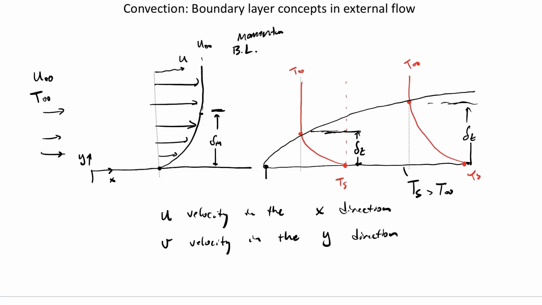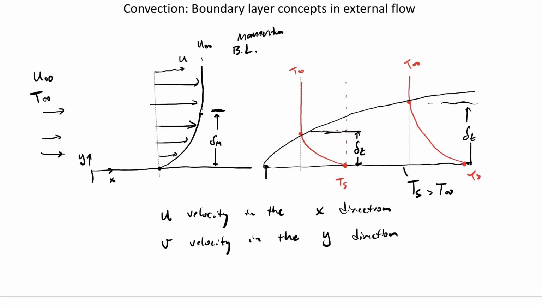You have a fluid coming in and it's shearing over itself. The stuff right on the wall is not really moving, and as you get away from the wall, it's moving more quickly. There's really not very significant velocity in the Y direction. There has to be some due to conservation of mass, but there's not that much there. So the V component of velocity for laminar flow over a plate, and we'll talk about what that is, is really, really small. So for problems like this, we're mostly just talking about U velocity.